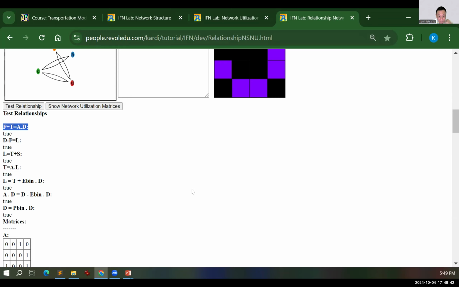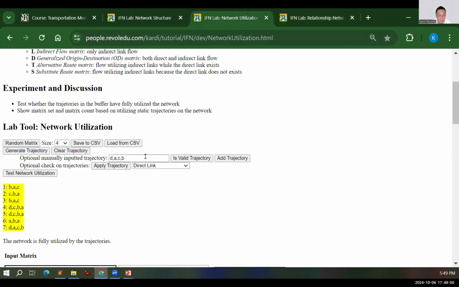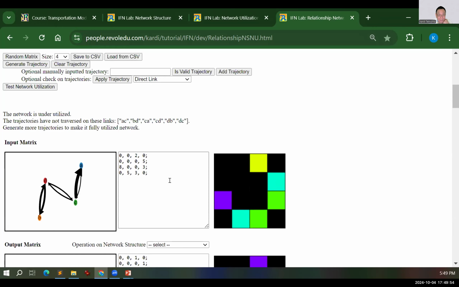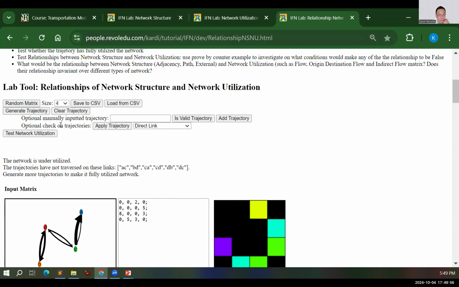So do you want to test? You copy and paste the matrix that you have done in the network utilization a while ago and put it here, and the manual input of the trajectory. Do you want to practice this first? Maybe a few minutes.